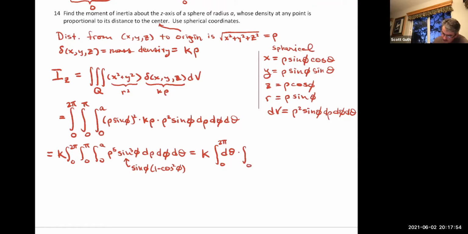Now I'm doing phi. And phi is going to be, so here I'm going to have a sine phi times 1 minus cos squared phi d phi. And then rho, I just go 0 to a, and it's rho to the 5th d rho, like that.